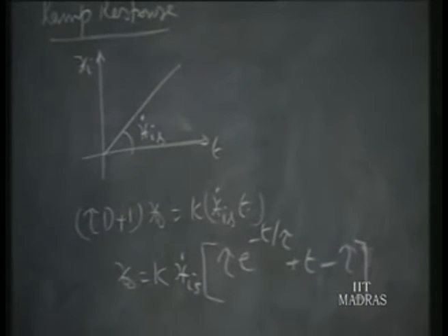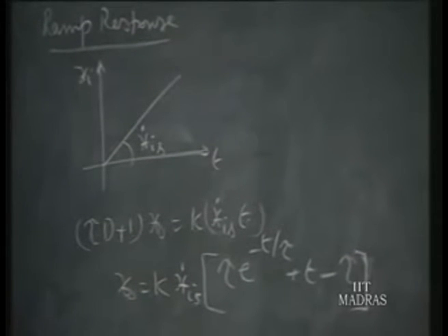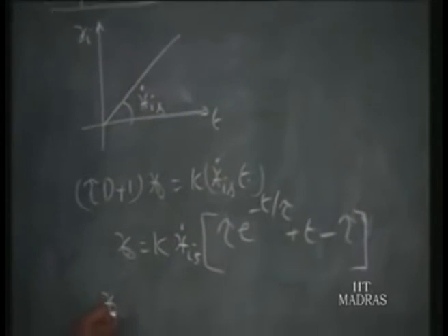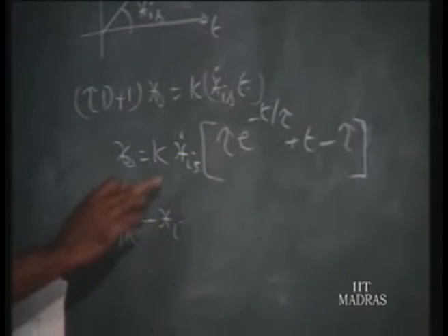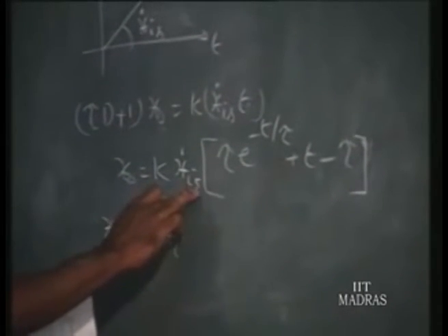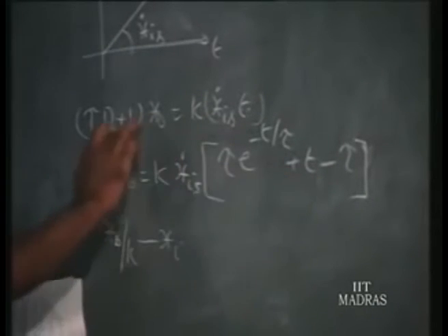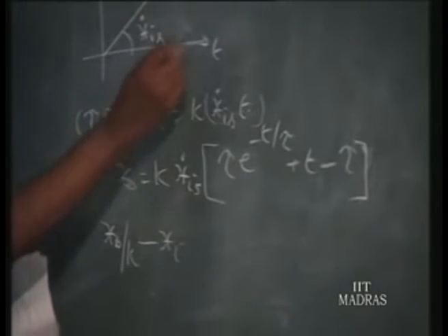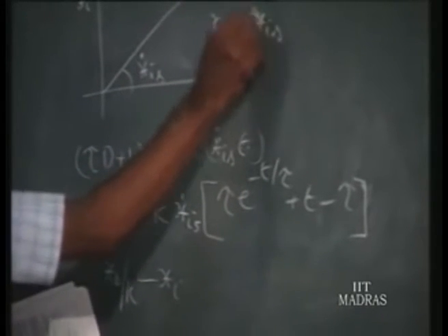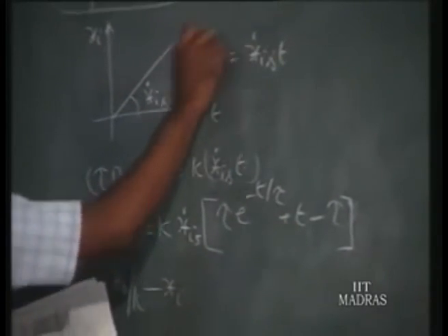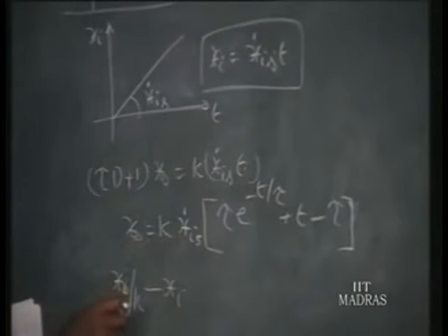Now we rewrite it so that we get the following form: xo by k minus xi. That is ẋis into t, which we know is xi. So xi is the k, we brought it here.